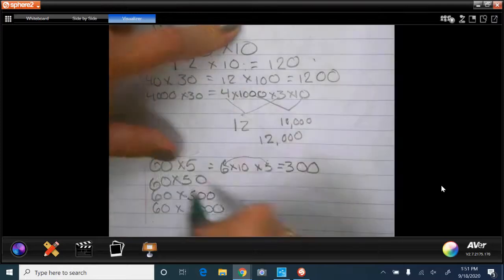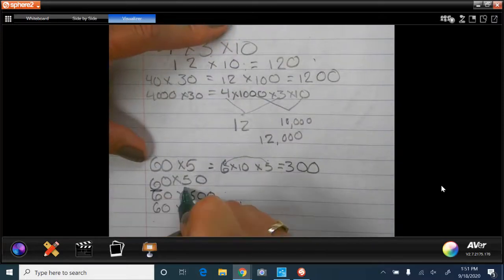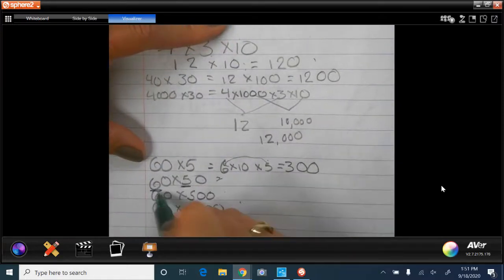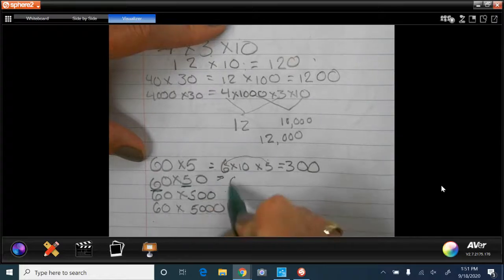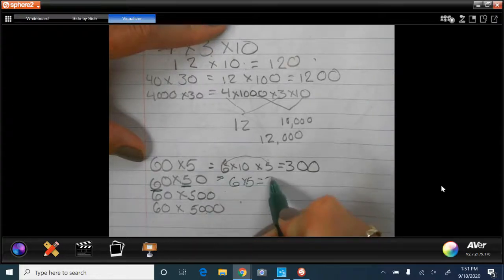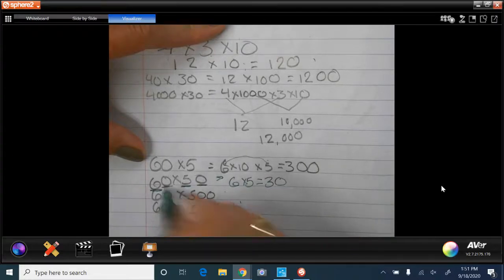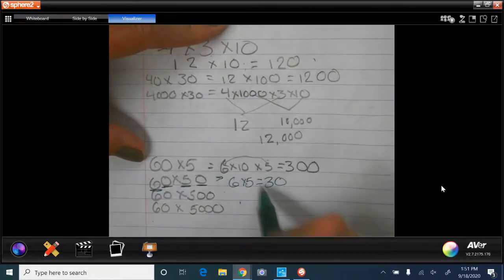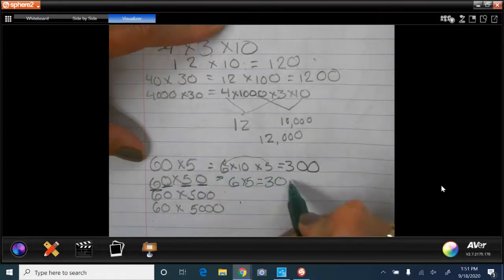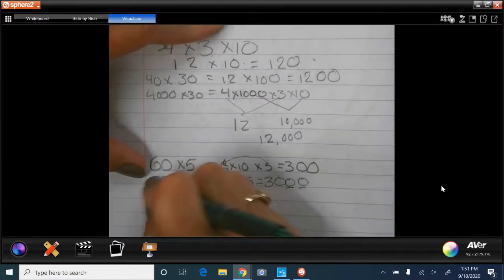But I'm going to show you something. What you could really look at is the basic multiplication in there. The basic multiplication is 6 times 5 equals 30. And then I need to add on as many zeros as were in the original problem. Now, this 0 is not part of these zeros, okay? So 30 is just the basic fact. And then I'm adding these 2 zeros because there's 2 zeros here.